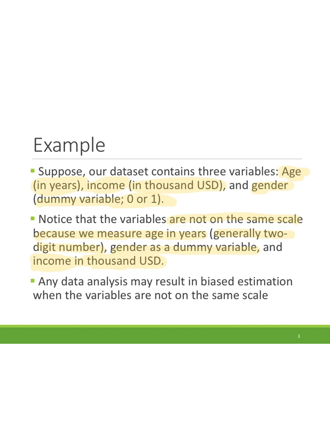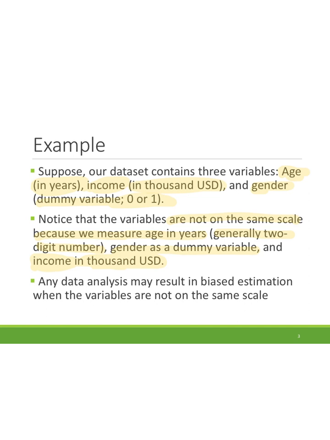So if I don't do anything and use this data set to analyze the data, any statistical model we are going to use will be biased toward the high range values. And which one is the high range value? Income, right? It is the largest range in our data set.